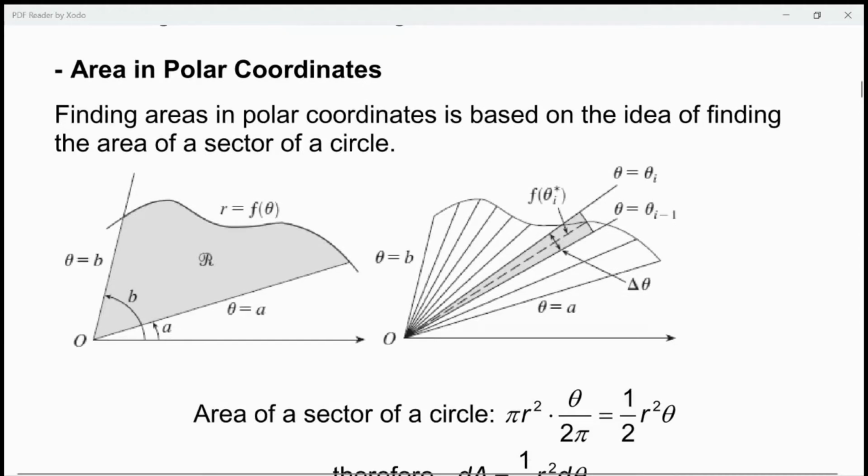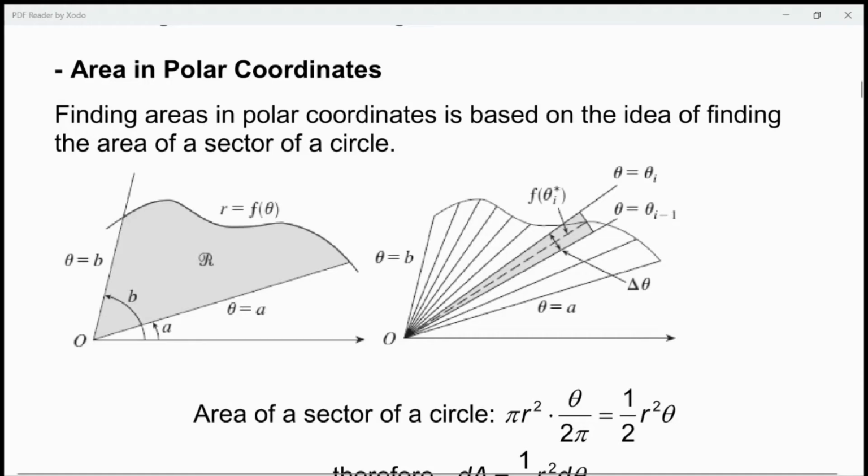When we talk about area in polar coordinates, we have to take into account how we measure the coordinates in the polar coordinate system. When we vary our theta value, we're essentially going counterclockwise around the pole. So when we find an area, with theta varying and the r value being the distance out from the pole, we essentially create sectors of area.